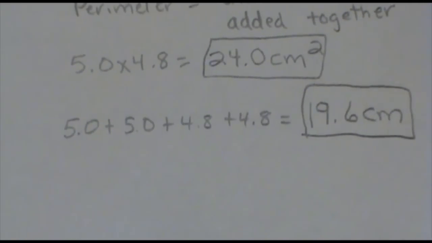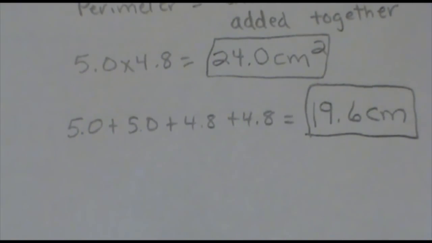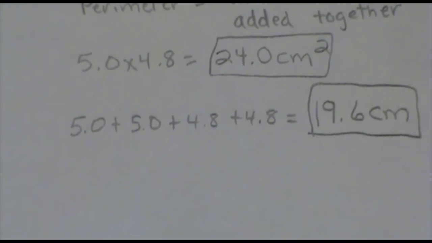The perimeter is 19.6 centimeters. You can see that we don't put squared because squared is showing area.